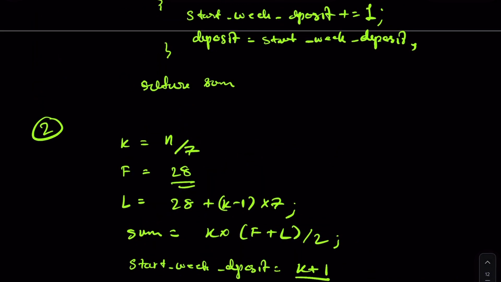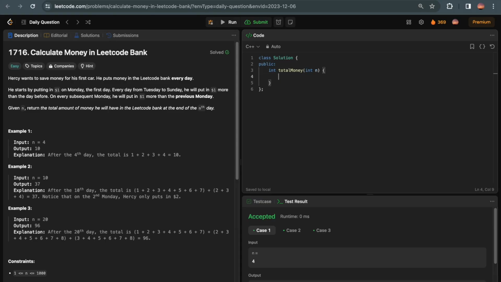Now let's quickly look at the code. Looking at the simulation code, let's code it real quick. We need int start week deposit, which will be 1.